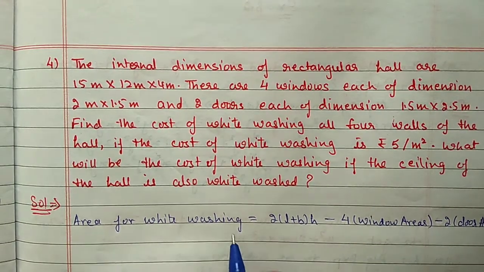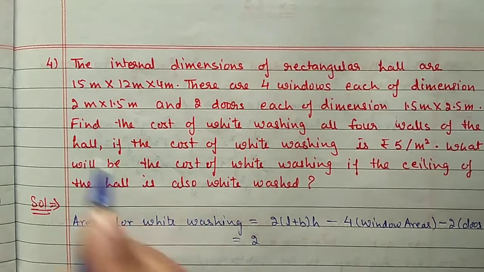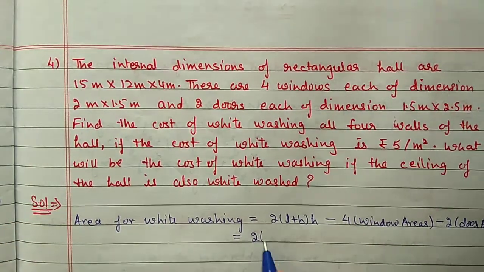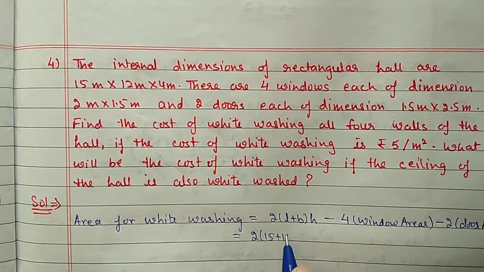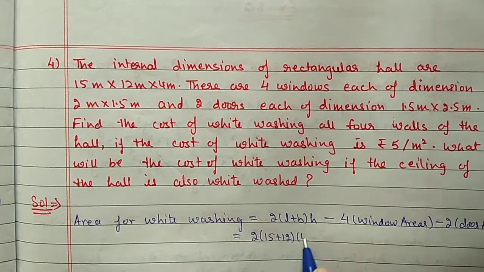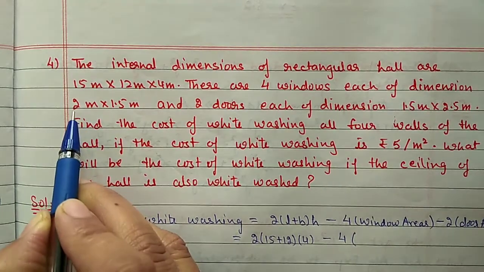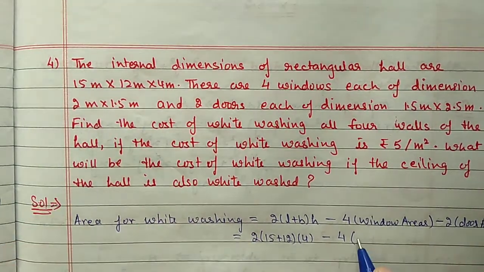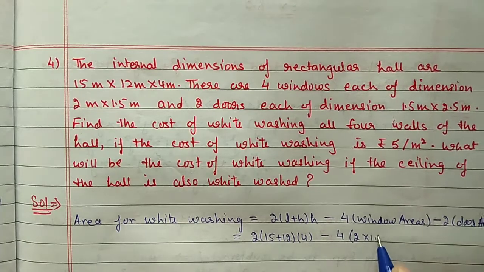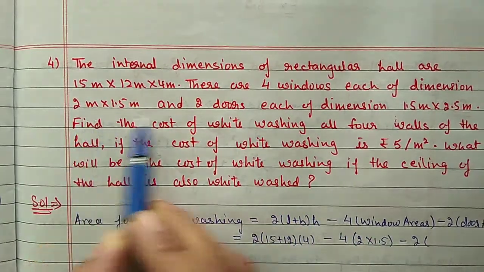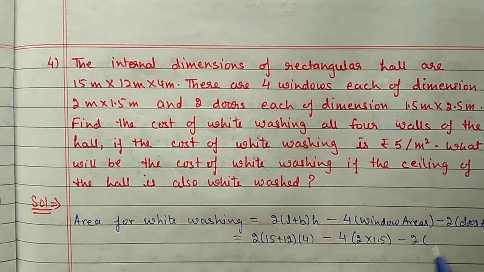So we will substitute values here. 2, length is 15, breadth is 12 and height is 4. So 2 into (15 plus 12) into 4, and here 4 windows each of size 2 into 1.5, so 4 into 2 into 1.5, and 2 doors of size 1.5 into 2.5.